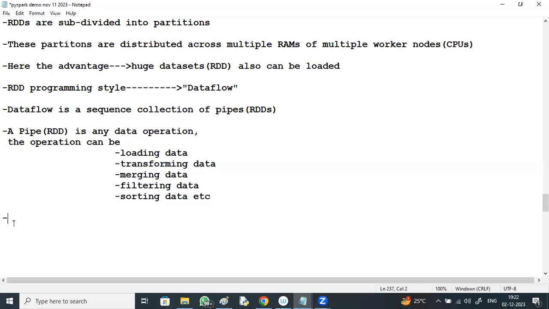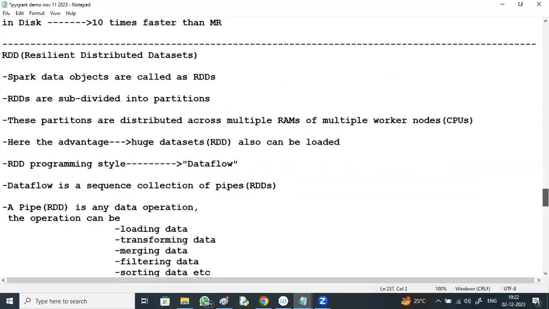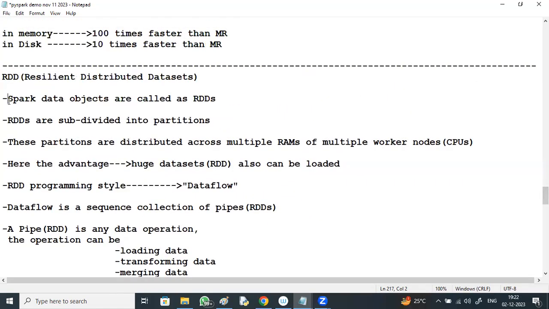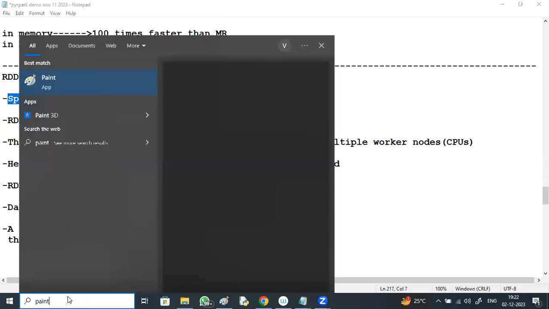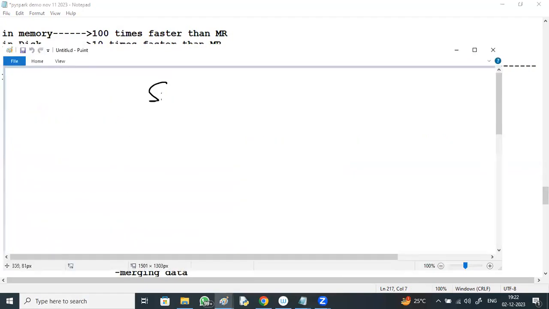Sir, can't we do the data processing part using PySpark? Yes. Spark is an execution model. Actually, the confusion lies in sometimes it is Spark, sometimes it is Python. The Spark-related things will be common.